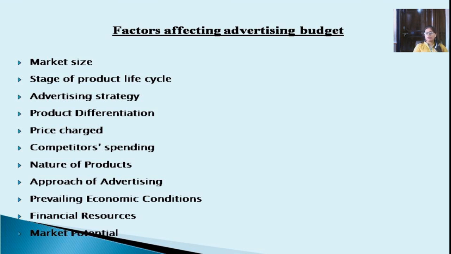Residual method is what we covered in the previous points, where they use the residual money after spending on various other functions of launching the product. So accordingly it depends upon how much resources they have. Then is market potential. How much potential the product has to grab the market, accordingly advertising budget is planned.